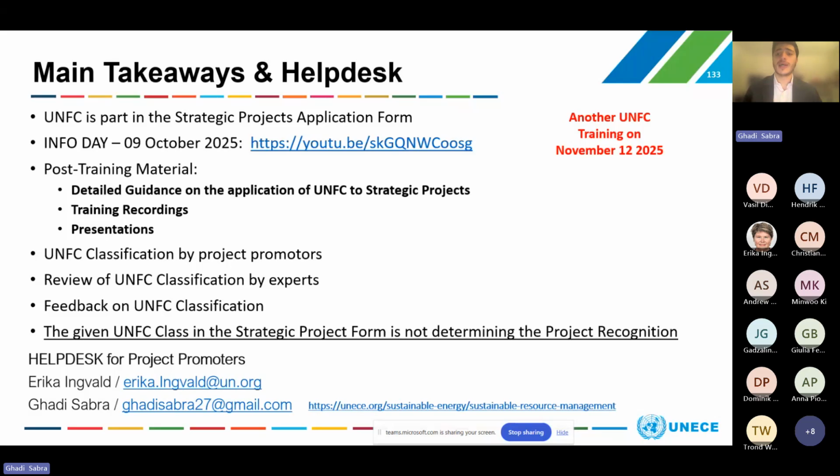It's mostly used to assess environmental, social, technical, economic, and all the different aspects and factors we saw that are presented by UNFC, as well as for monitoring the project developments towards the benchmark year.